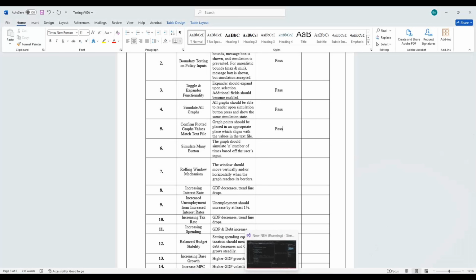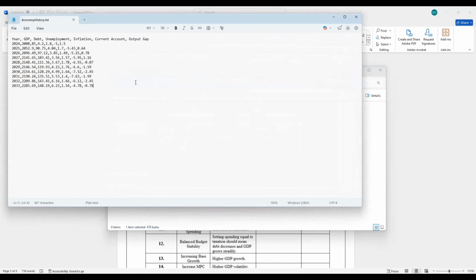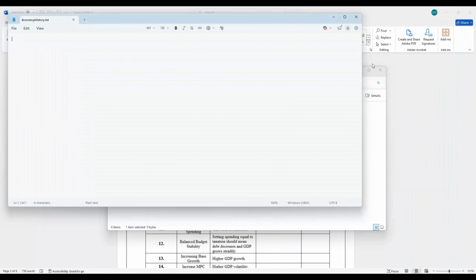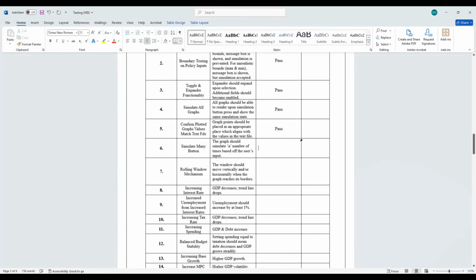So if you match that with the values of the text file, you can see current account, yep, minus 5.43 and minus 4.78, which matches up with the values that we see on the axis. So on that basis, we can reset the simulation and declare this test as a pass, which we already have.